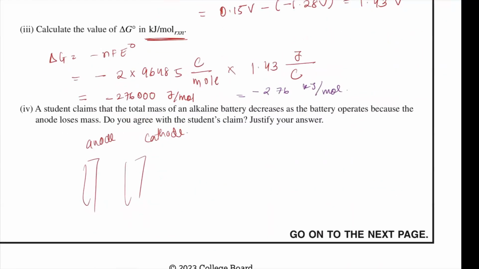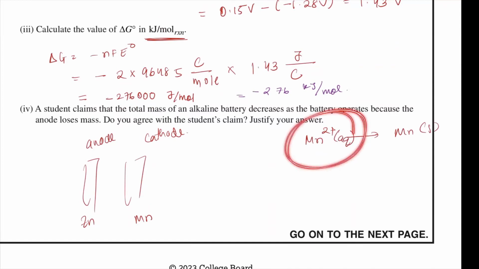So that means manganese is the one that gets reduced. You have the manganese from the solution becoming manganese solid, right? This manganese that was in solution deposits and becomes mass.